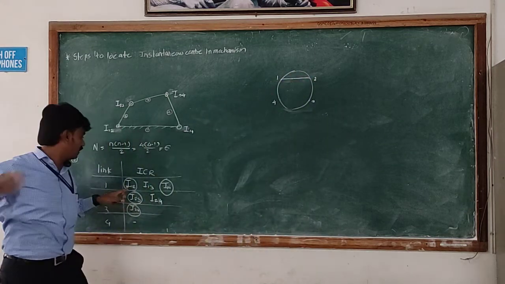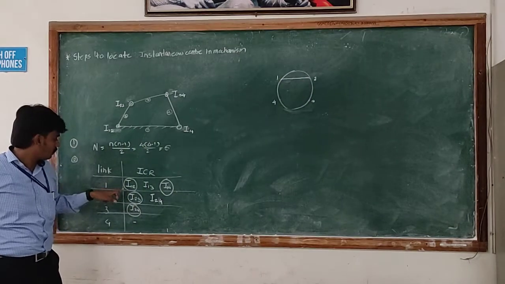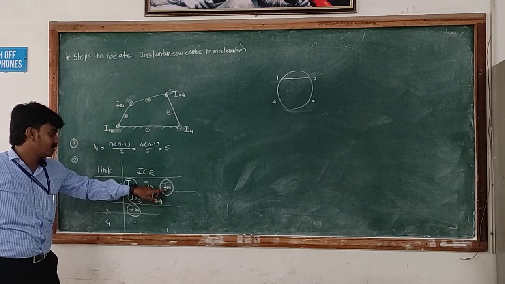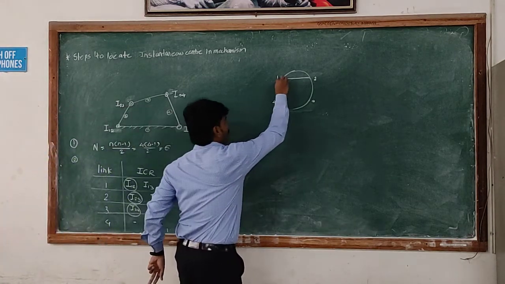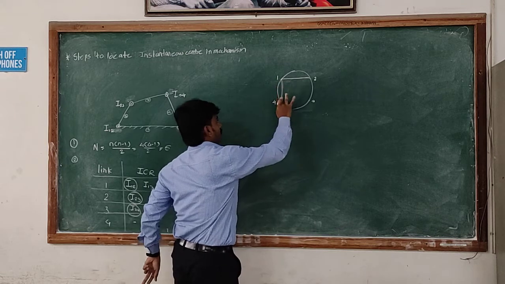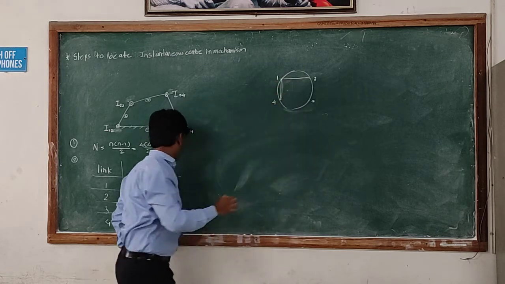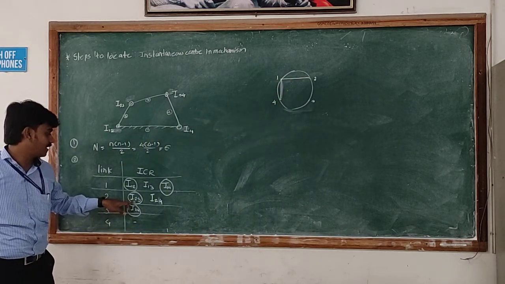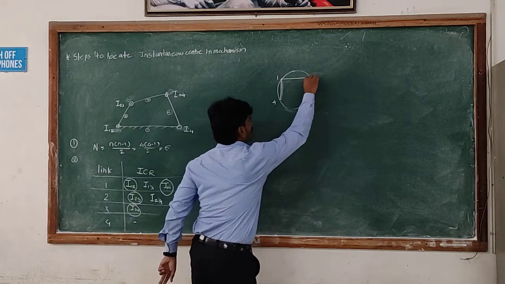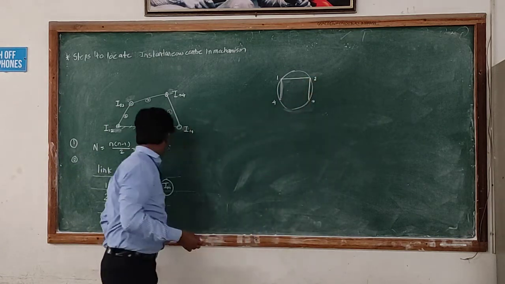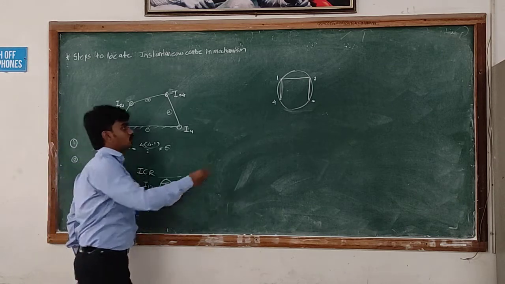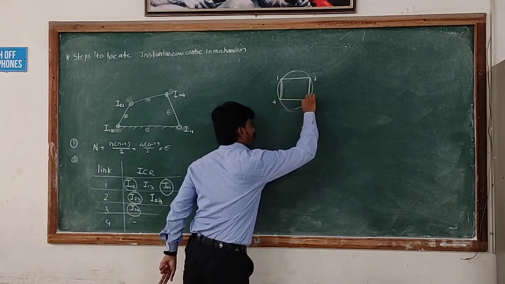Then there is another instantaneous center, 14, so join 1 and 4 by a dark line. Then another instantaneous center is 23, so join 2 and 3, and here is 34, so join 3 and 4.